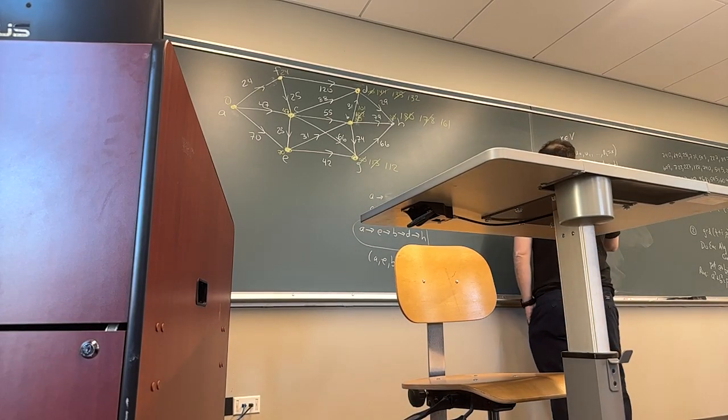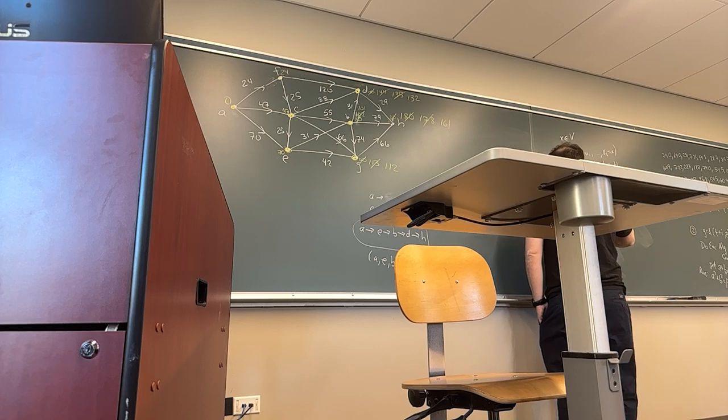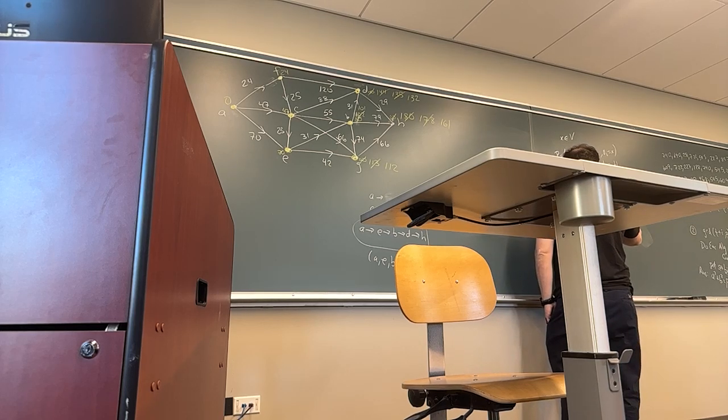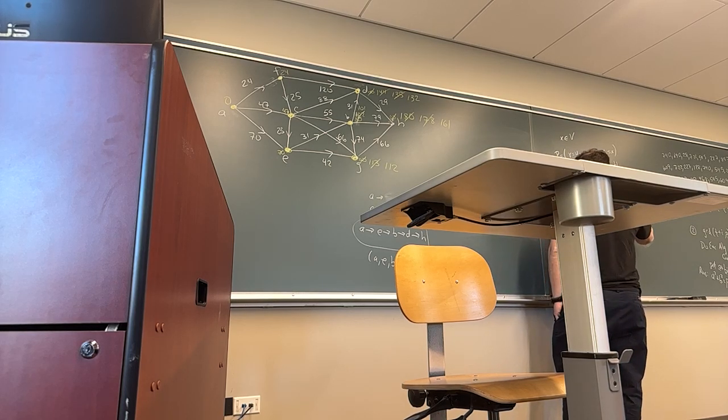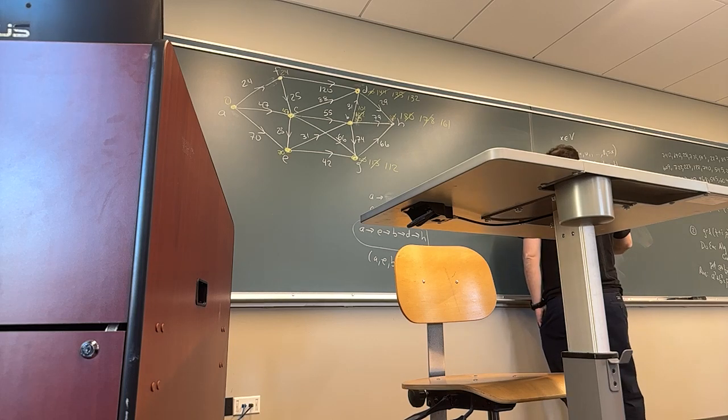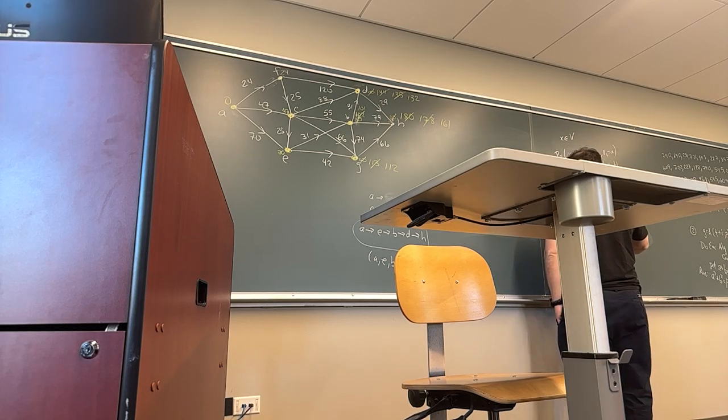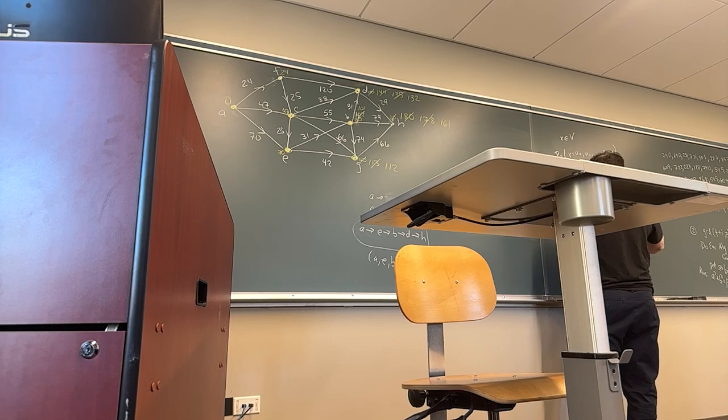And uj plus 1 up to ut is the shortest path from uj to ut.